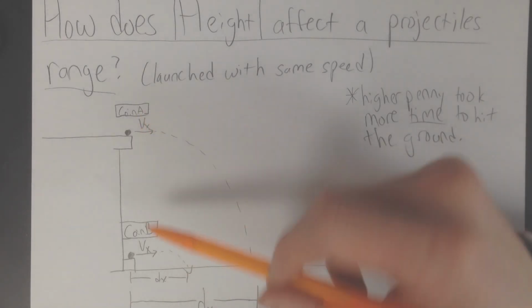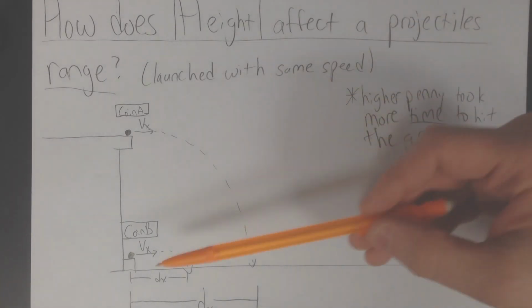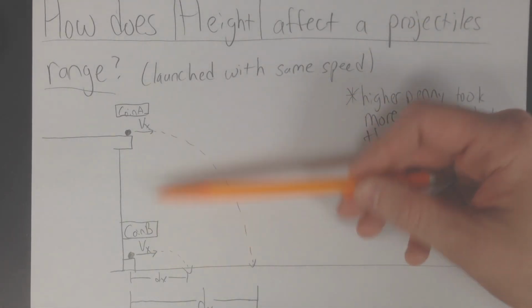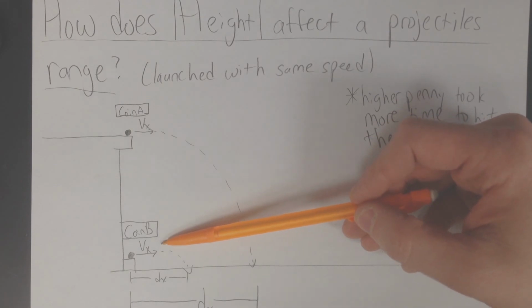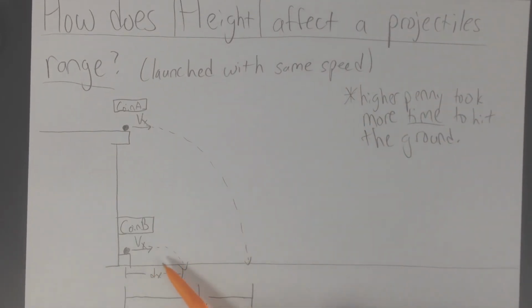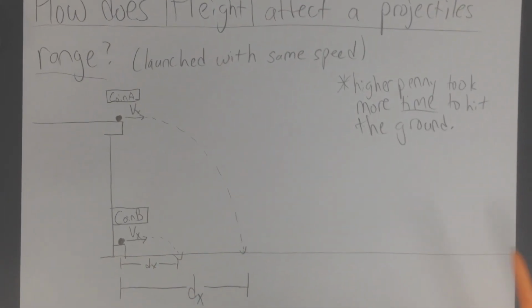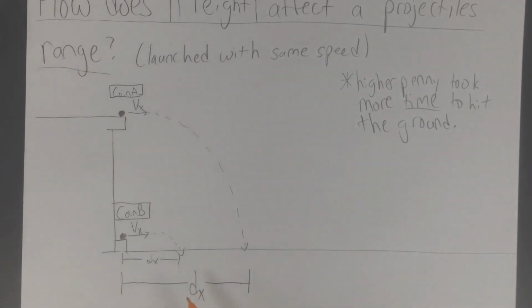So coin A hit later than coin B. Now, did that affect its range, though? If they are launched with the same speed, so Vx is the same for each penny, and coin B, you can see, actually goes a shorter range than coin A, which has a bigger DX or a bigger range there.